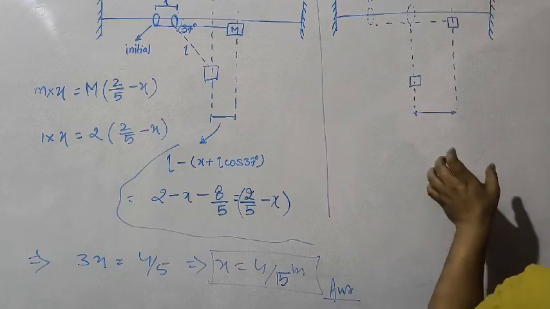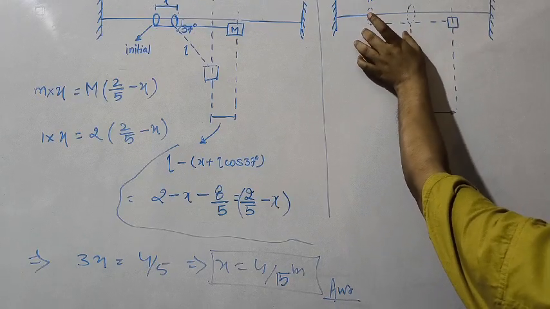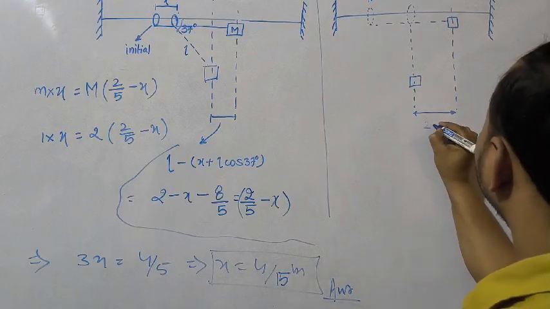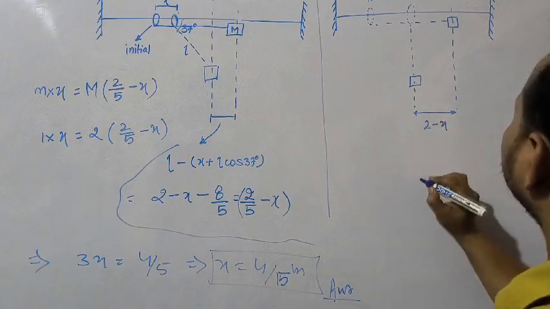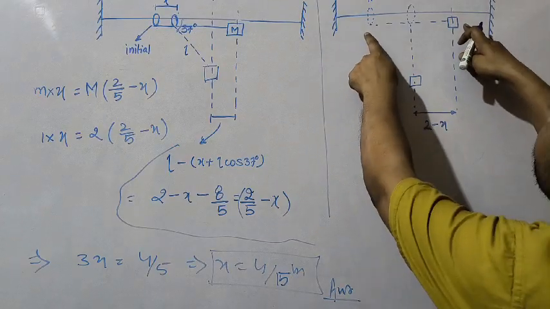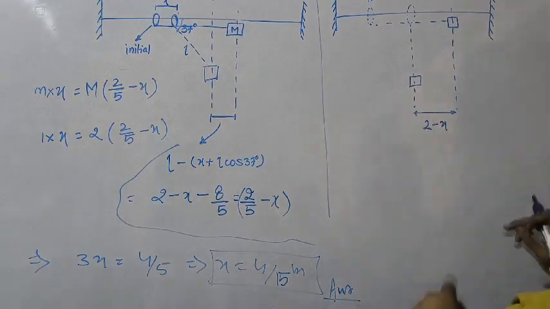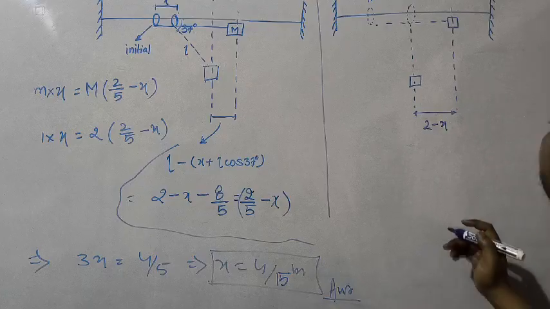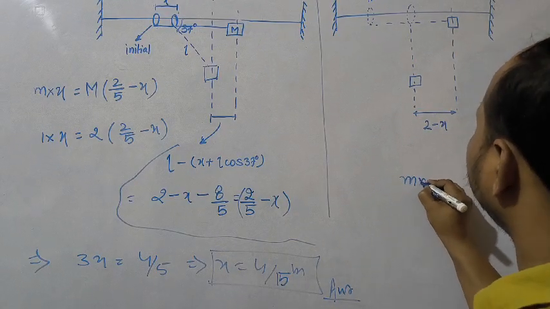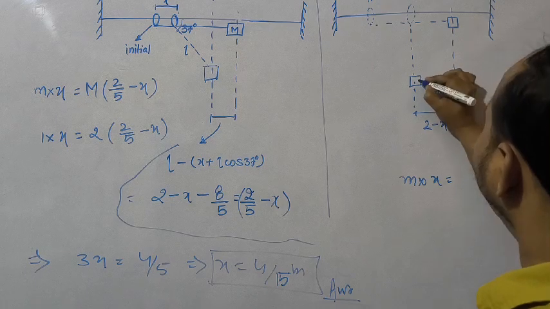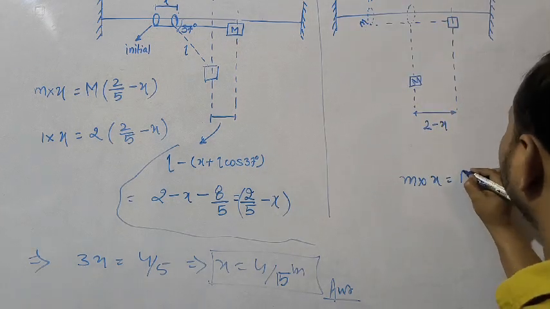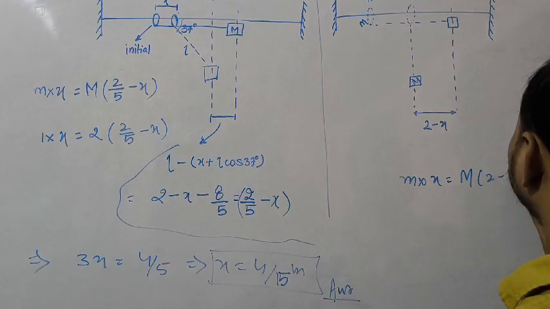Okay, now this is x, so this is 2 minus x, simple. This length is 2 minus x, this is 2. Okay, so this is 2 minus x. Now it is an easier one. Okay, this portion is the easier one. So small m into x is equal to, this is the capital M and this is the small m, capital M into 2 minus x.